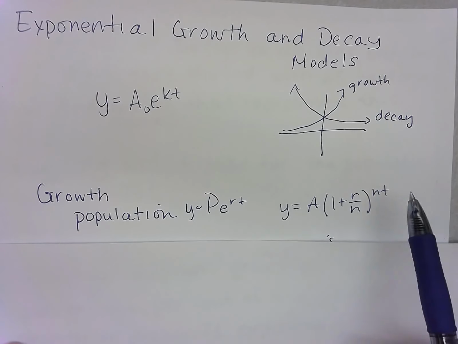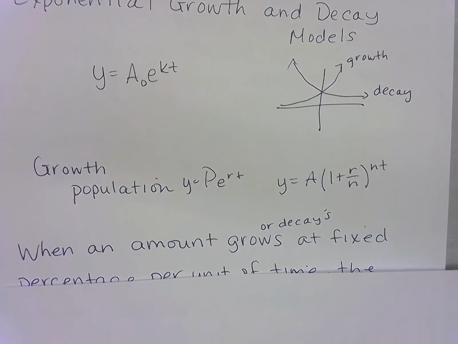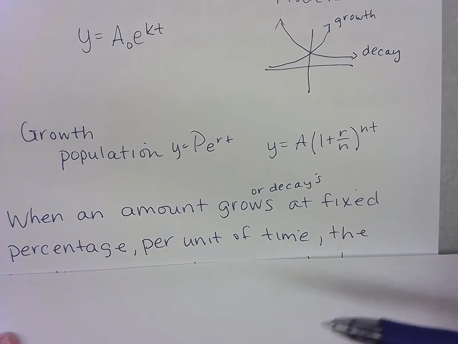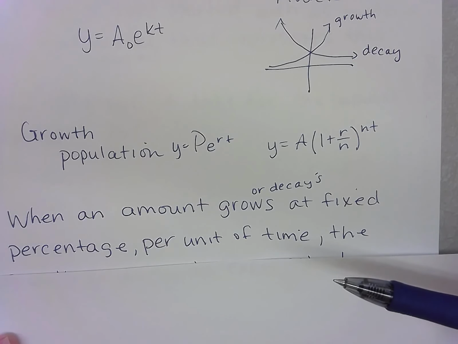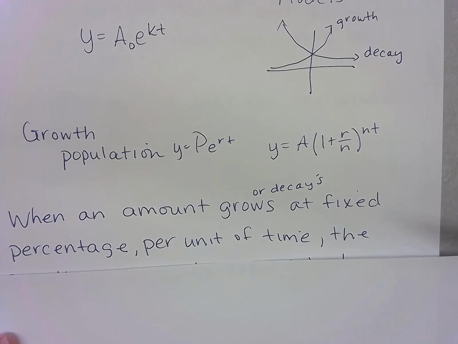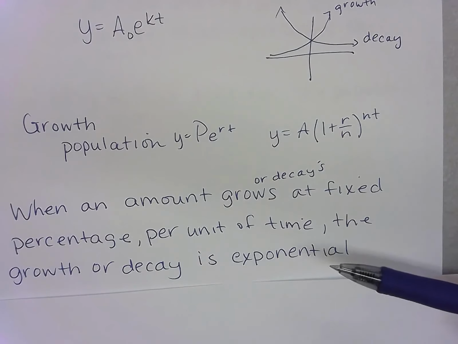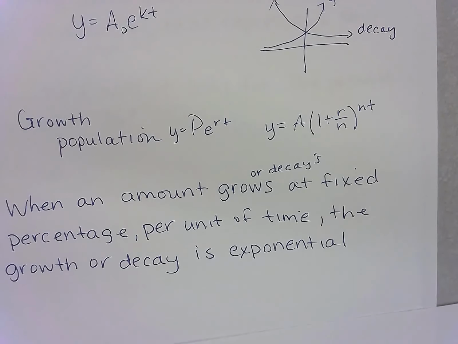Now this one is not quite, we're going to use more the E model here. But basically whenever an amount grows or decays at a fixed percentage per unit of time, so it grows 5 units every hour or something like that, then that is a growth or decay that's exponential. So it's doing this repeated every unit of time.